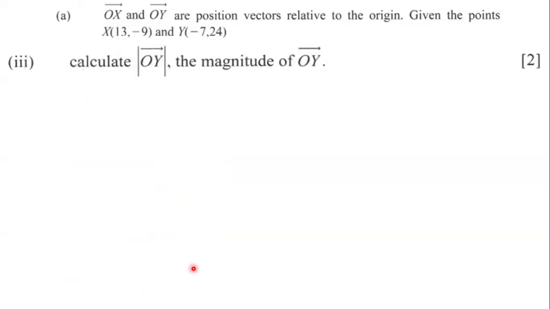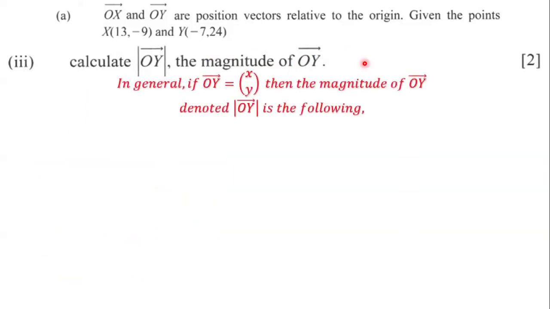Next, they want us to calculate the magnitude of OY. Now, what is OY? OY is simply (-7, 24) written as a column vector, but they want the magnitude of OY. If we want to figure out the magnitude of a column vector that has two entries, we square the first component, then we square the second component, then we add these two answers.